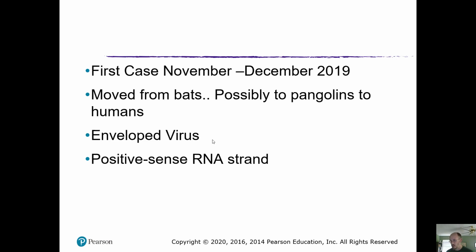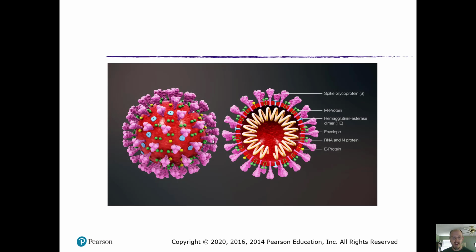It is an enveloped virus, so it's one of those that has a membrane around it. And it has not DNA, but a positive sense RNA strand in it. That RNA strand can then lead to production of proteins and things like that once it gets into our body, right? Here's a diagram of this thing. So notice I'm not going to have you memorize all these parts, but I'd like you to see it has RNA inside.